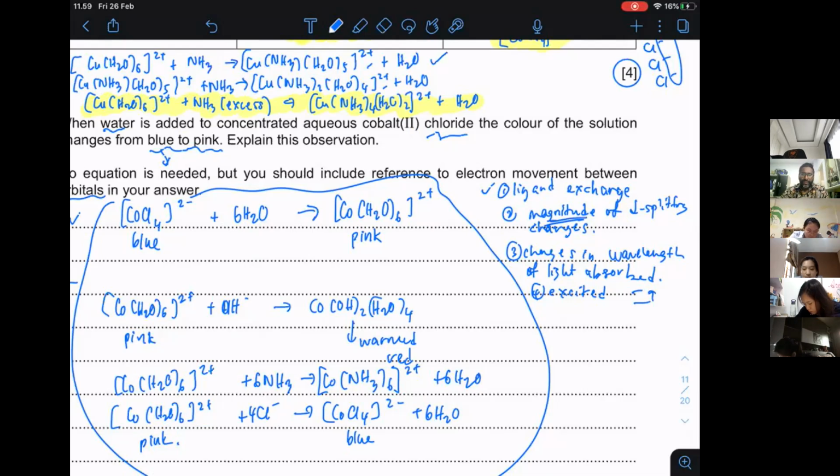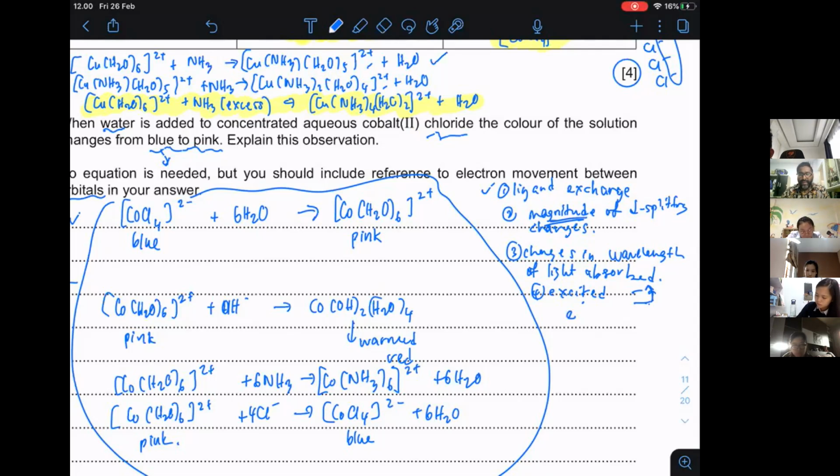Once you have that, when you pass visible light through, this will change the amount of wavelength or the energy that is going to be absorbed by the electron, from the lower energy, when they absorb and become excited to go to the d orbital that has higher energy.